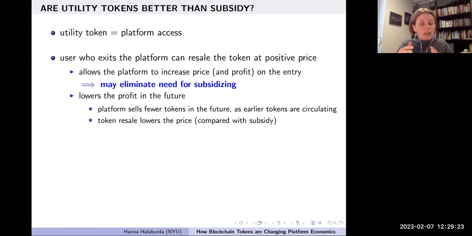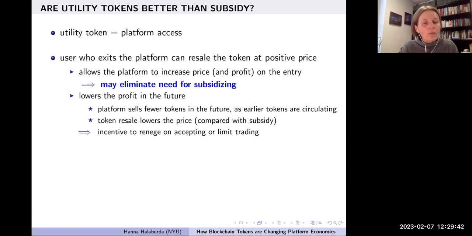And this altogether clearly is lowering the price of access to the platform in the second period, which may be good for new users who are joining, but it is bad for the platform, especially since they are selling fewer access rights, right? So I want to point out that both of those forces could be shut down if the platform would renege on accepting old tokens, the resold tokens, or would limit trading.